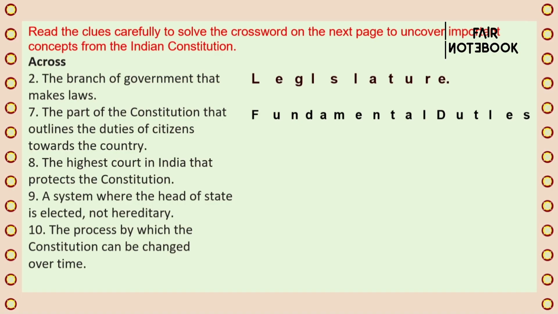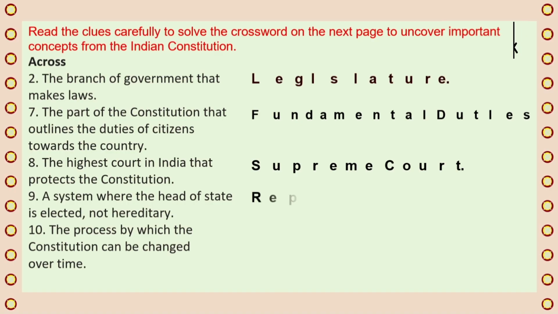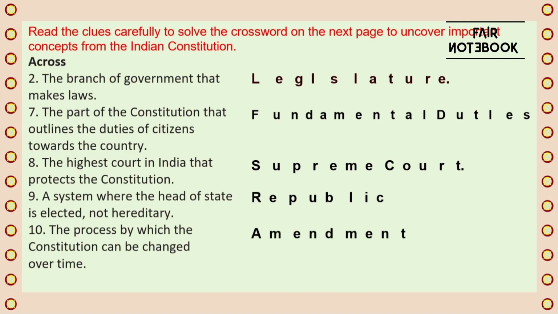The highest court in India that protects the Constitution, Supreme Court. A system where the head of the state is elected, not hereditary, republic. The process by which the Constitution can be changed over time, amendment.